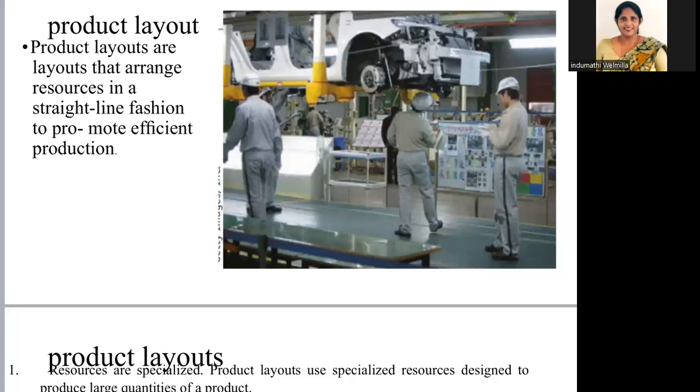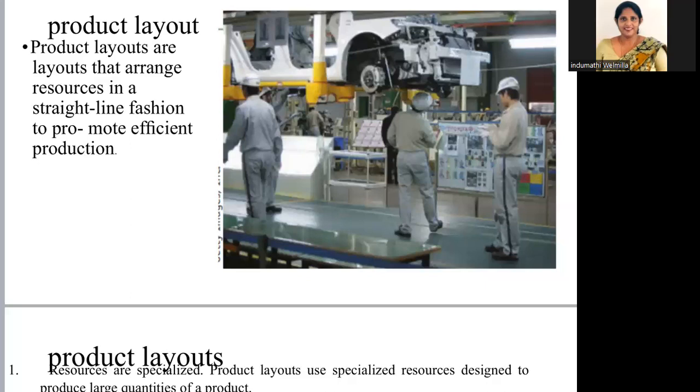For example, at a car wash, when you go there to wash your car, you have to go through one particular sequence of job tasks.